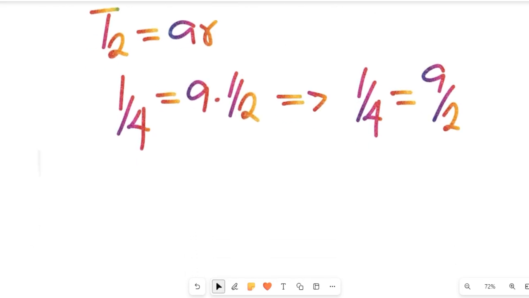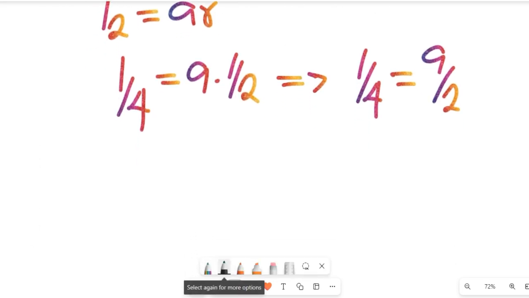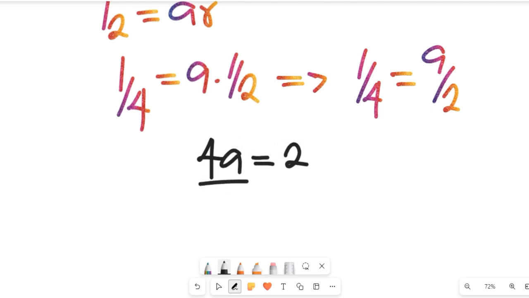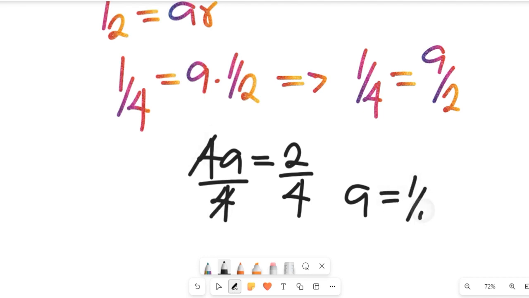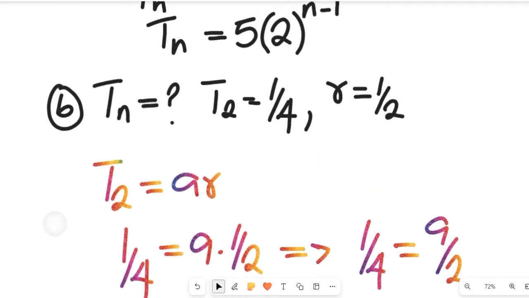If we simplify that, to find the value of A, if we cross multiply, 4A is equal to 2. And if we divide both sides by 4, we are going to see that the value of our A will be equal to 1 divided by 2. So if A is equal to 1 divided by 2, we can find the nth term.